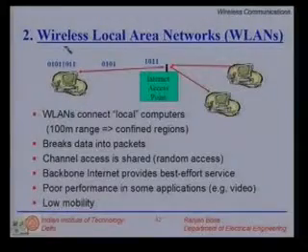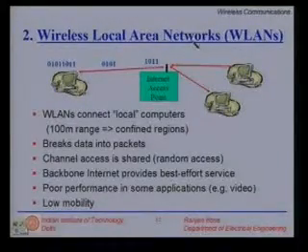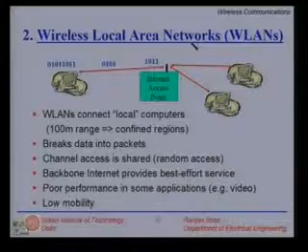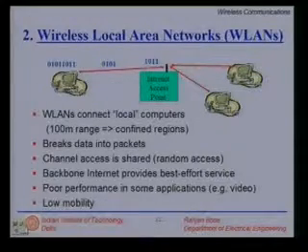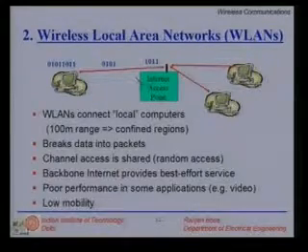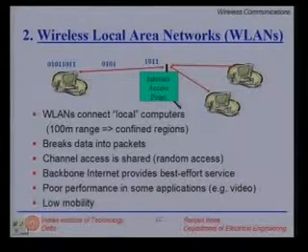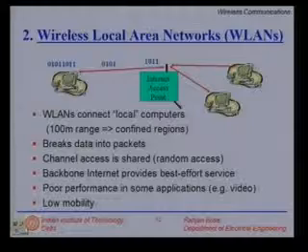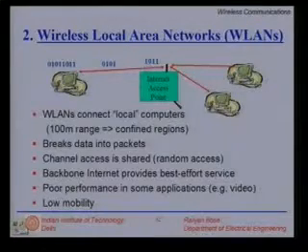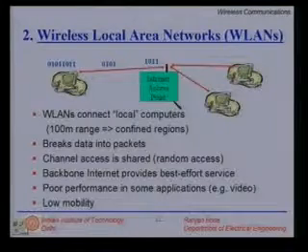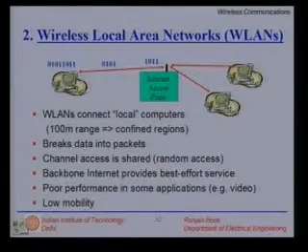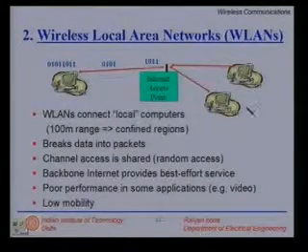The second system that we can talk about is the wireless local area networks. The concept is simple. You have to have an access point, mentioned here as an internet access point, and since it's a local area network confined to a few hundred meters, you have a couple of nodes here.